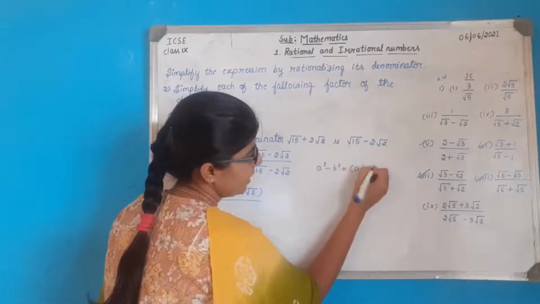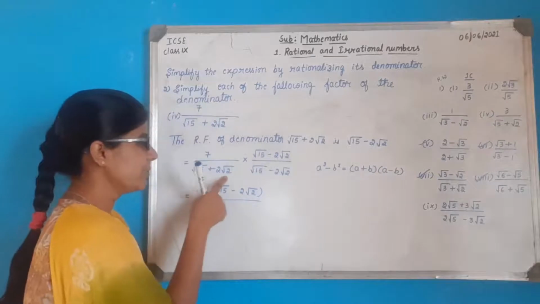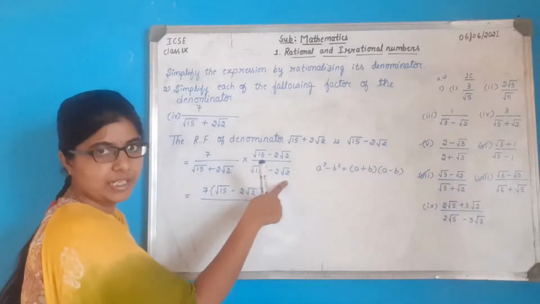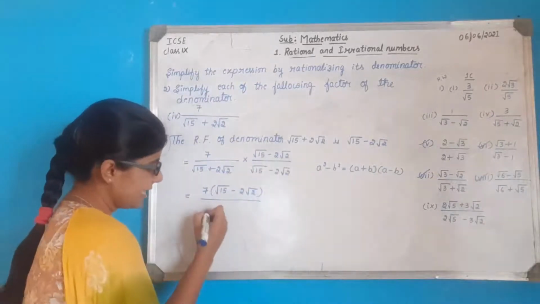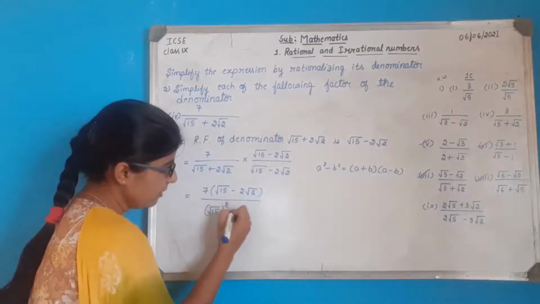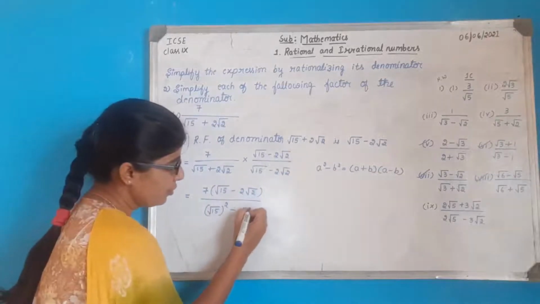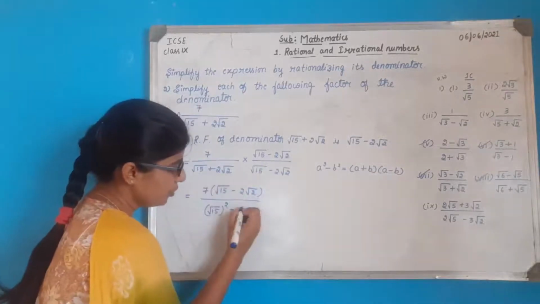So it is in the a square minus b square format, correct? So a plus b, a minus b. So apply this formula. A square is root 15 whole square minus b square. What is b value? 2 root 2 whole square.